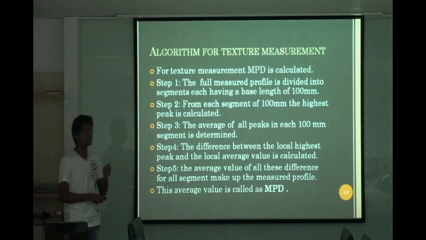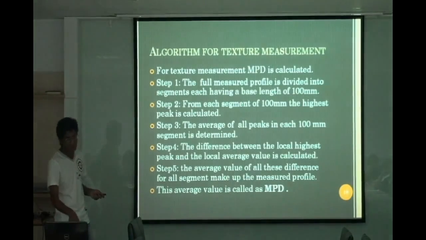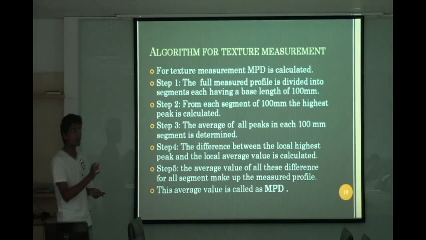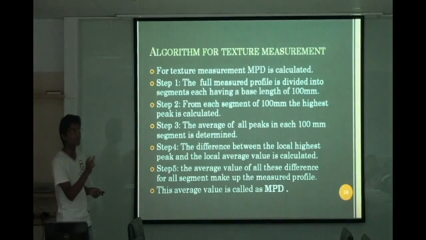The fourth step is to subtract the average value from the highest peak, so that we get a particular value in each 100 mm segment. The last step is to calculate the average of all these differences over all the 100 mm segments, so that we get the final value of MPD.